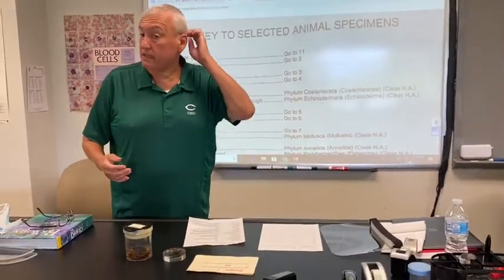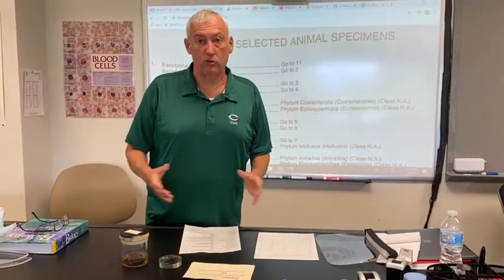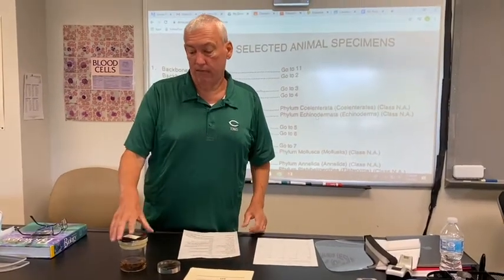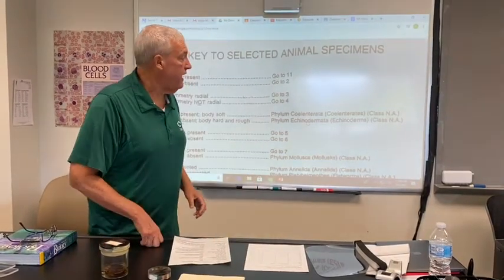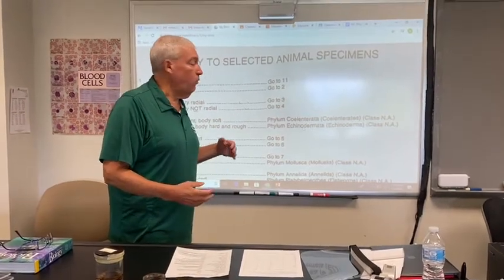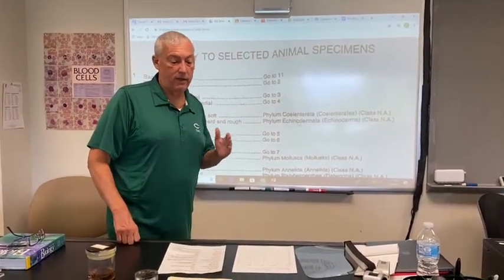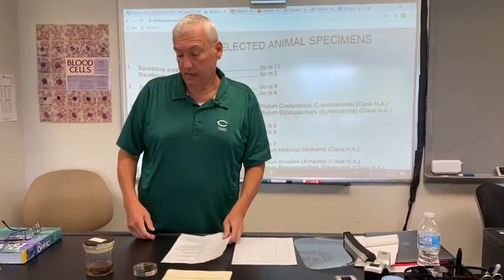All of the specimens that we're going to look at in lab this week are animals, so the kingdom they are found in is kingdom Animalia. What we are going to try to figure out for each specimen is its phylum and its class, again using our dichotomous key.